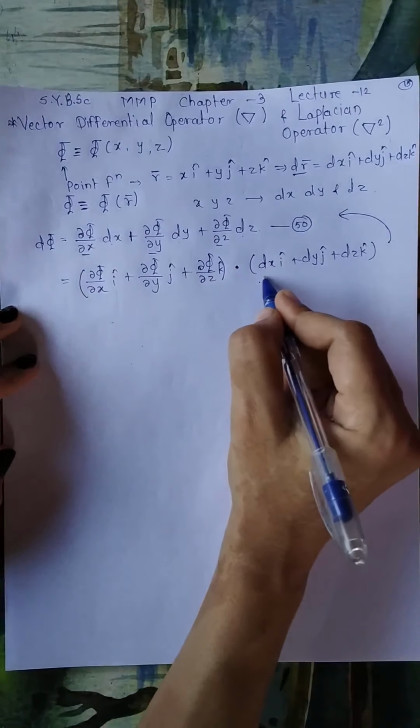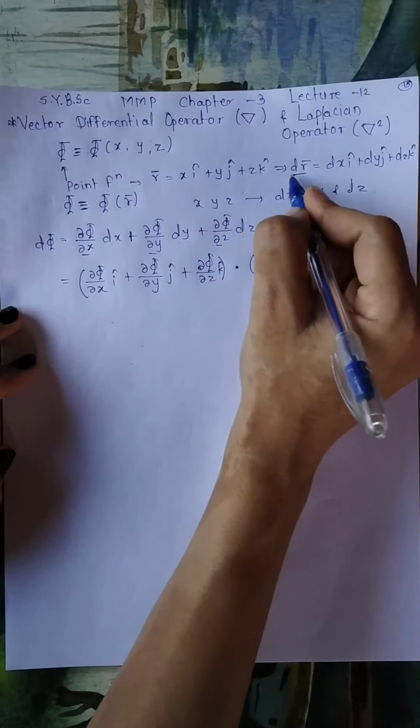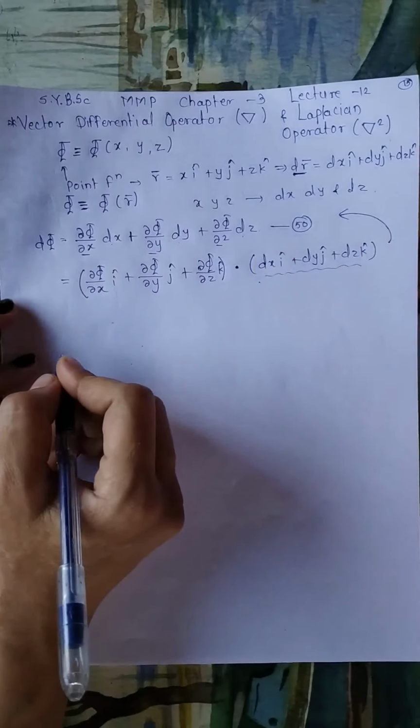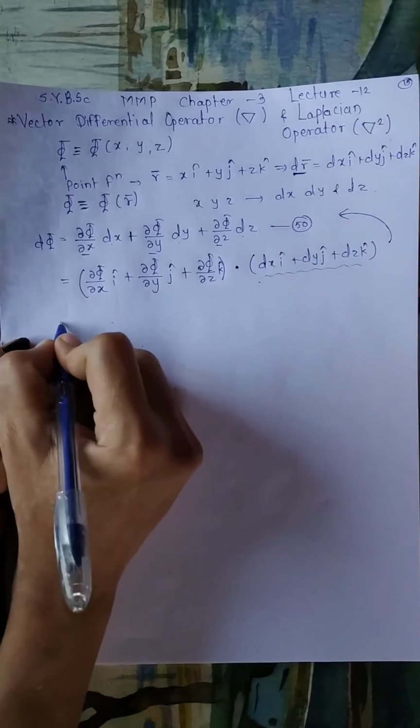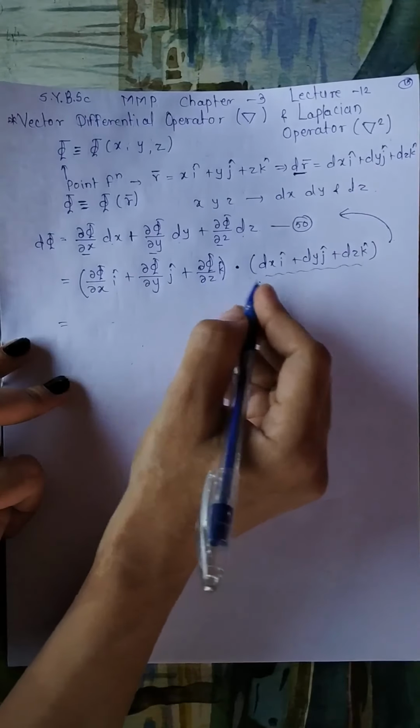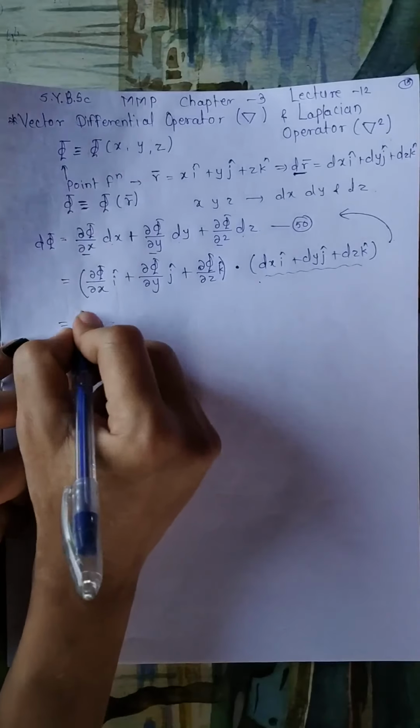Now if you observe, the second vector is nothing but our d r bar, and I will keep it as it is. I will take phi outside the bracket.